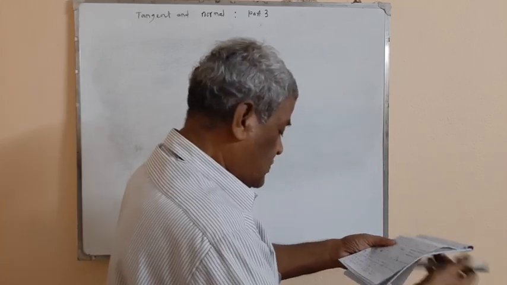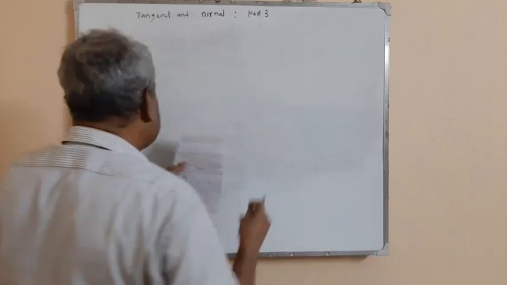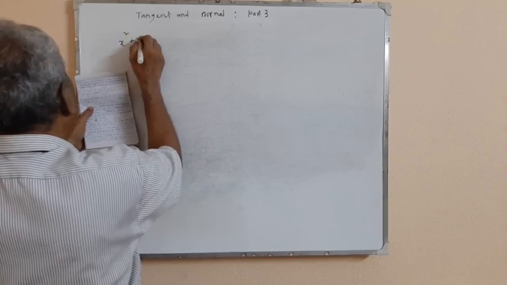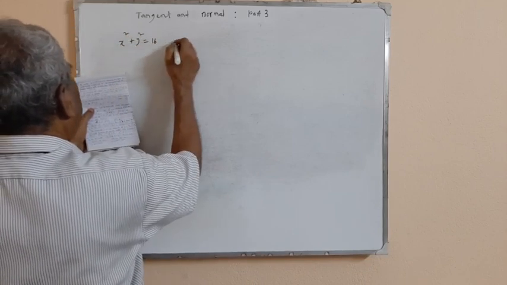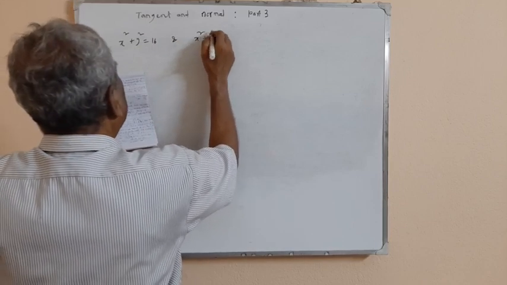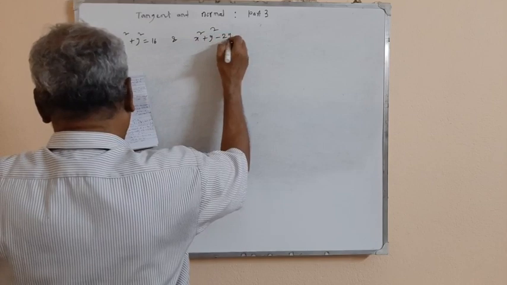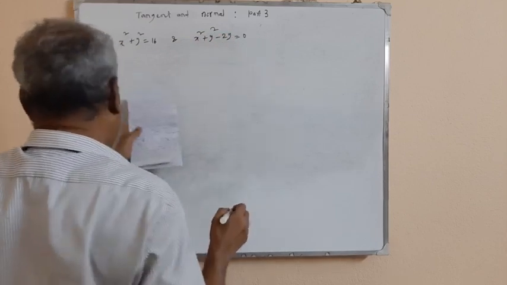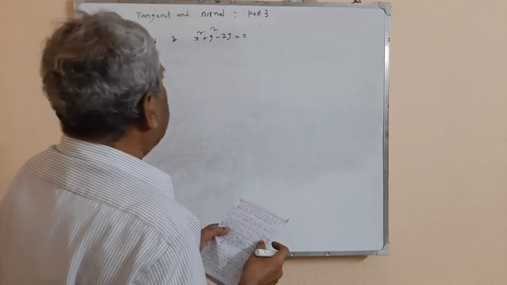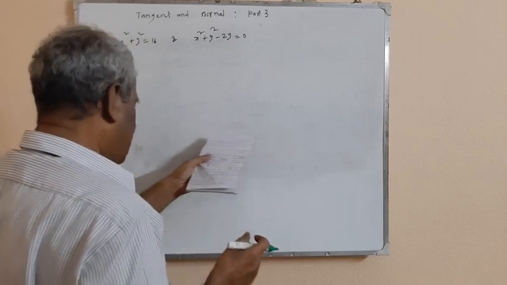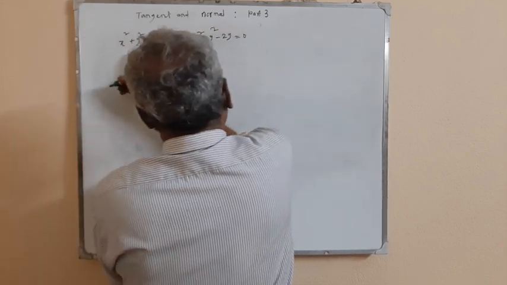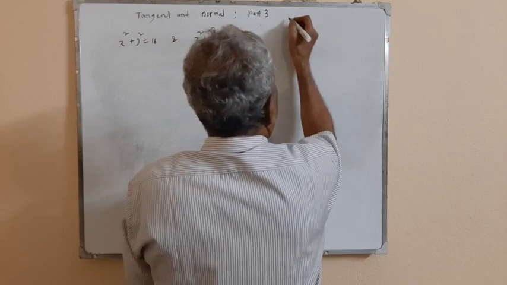Our next problem is: for the circles x square plus y square is equal to 16 and x square plus y square minus 2y is equal to 0, find the number of common tangents of these two circles.